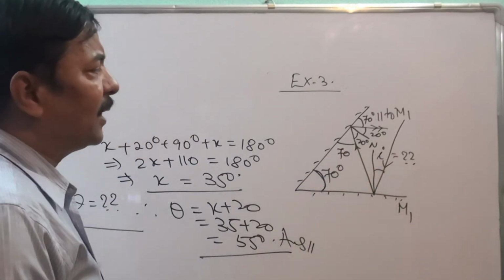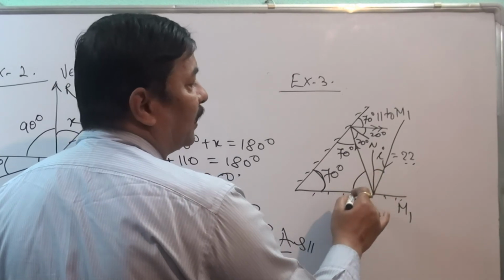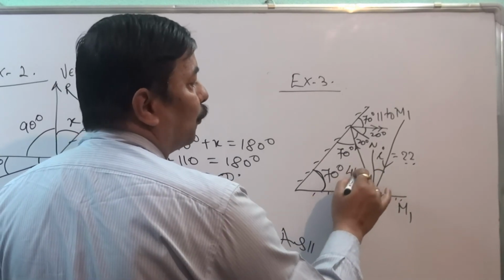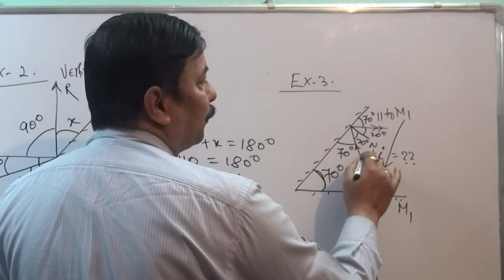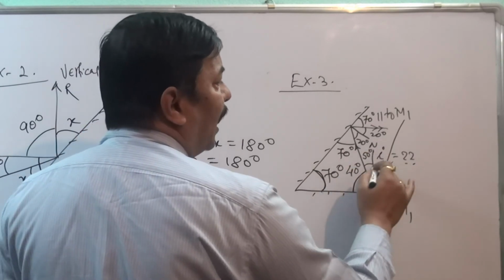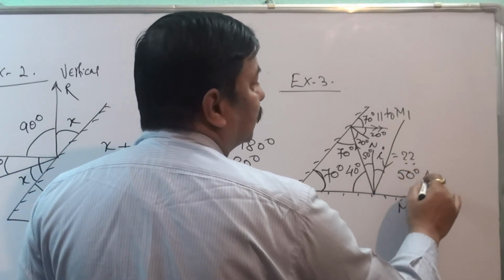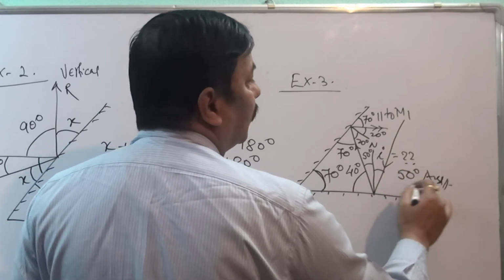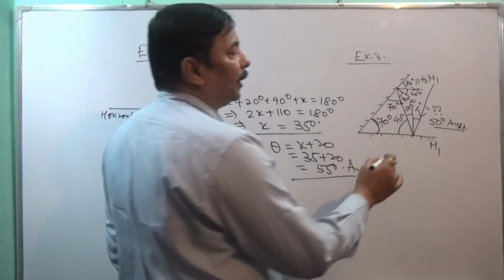If we take this as 70 degree and this as 70 degree, naturally the sum of the angle is 180 degree, so it should be equal to 40 degree. If it is 40 degree, this is normal, this should be equal to 50 degree. And the value of I we are getting is 50 degree. This should be your answer. Value of I should be 50 degree.